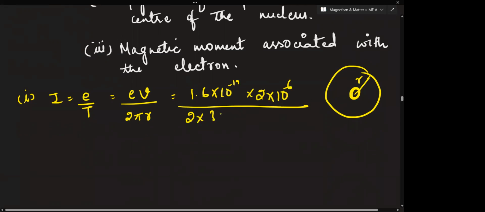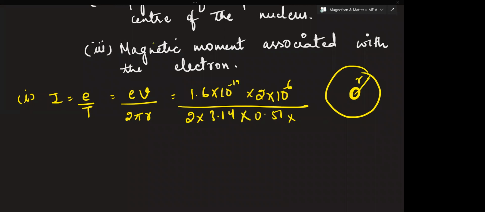2 pi is 3.14. Radius is given as 0.51 angstrom.